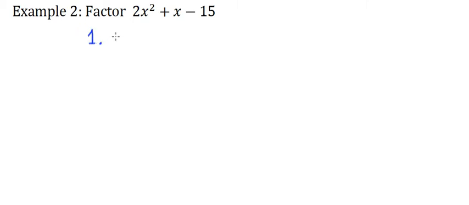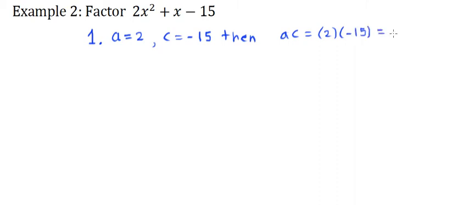Step 1, we are supposed to compute a times c. a is equal to 2. c is equal to minus 15. Always take the number together with its sign. Then AC will be equal to 2 times minus 15, which is minus 30. So our AC number is minus 30 now.